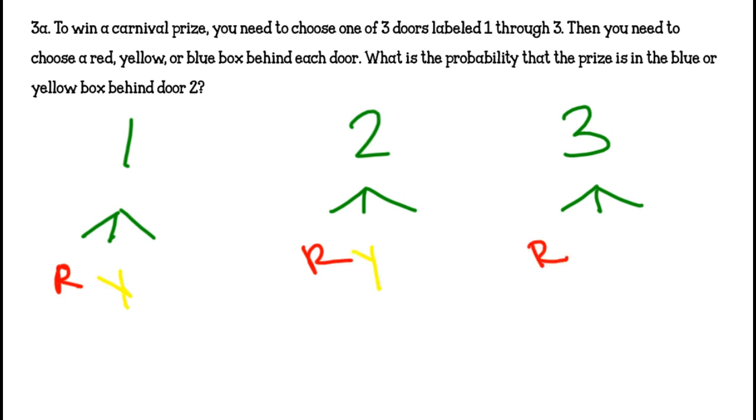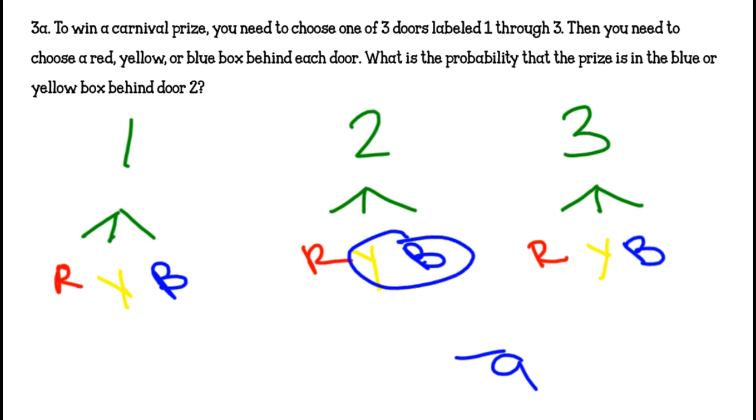So how many options are there? There are 9 total options. And it's saying, what is the probability that the prize is in the blue or yellow behind door 2? So that's 2 of the 9 options. So it's 2/9. You circle it, and that's your answer.